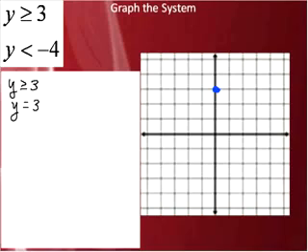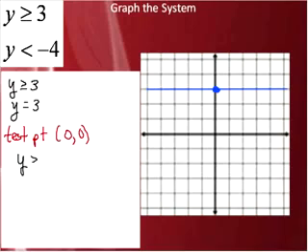And it's greater than or equal to, so it's going to be a solid line rather than a dashed. So now what I need to do is decide which side of this line gets shaded. So I can pick a test point. I can pick 0, 0 because the line is not going through 0, 0. But I only have to worry about substituting the y value in because I don't have the x variable in this equation.